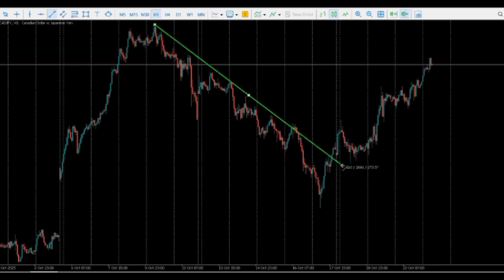This is the trend line. Price has been creating a lower high, created a high, created a lower low, created a high, created a low, and created a lower high, and created a lower low. You can see it.